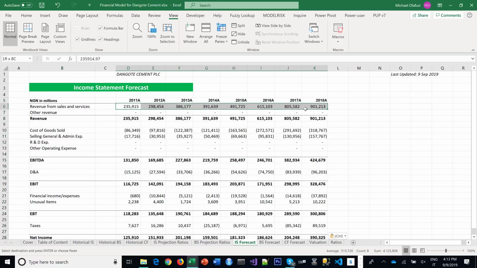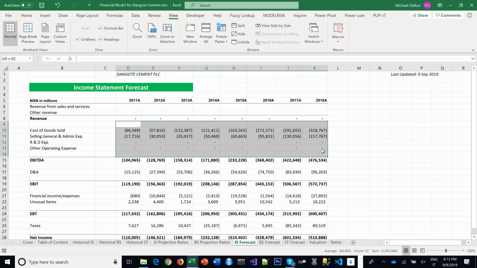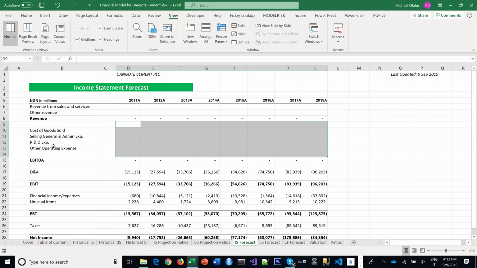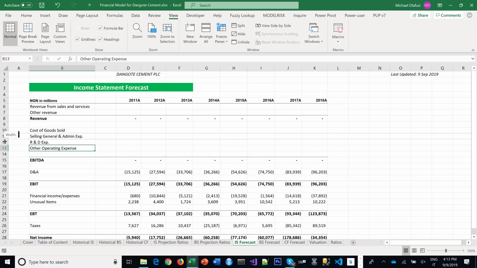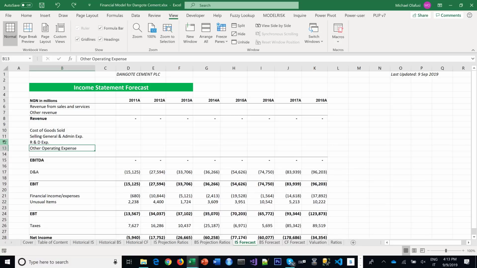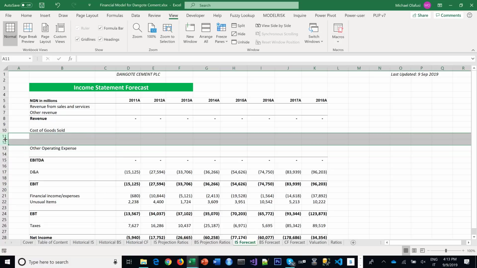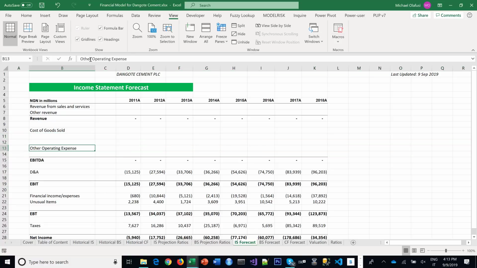take out the parts that are not formula based, like this. If you remember, we had collapsed this to operating expenses, so I can maybe take this out, call this operating expense, less D&A.